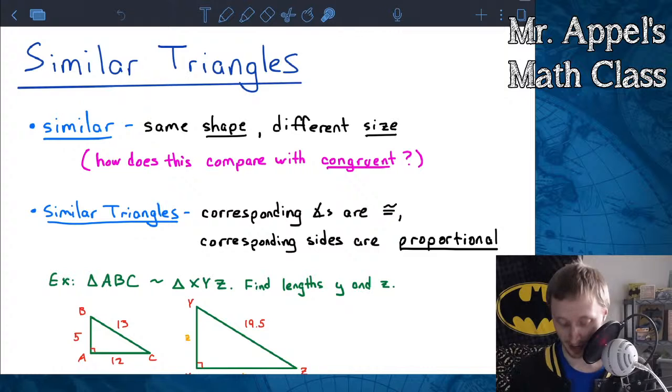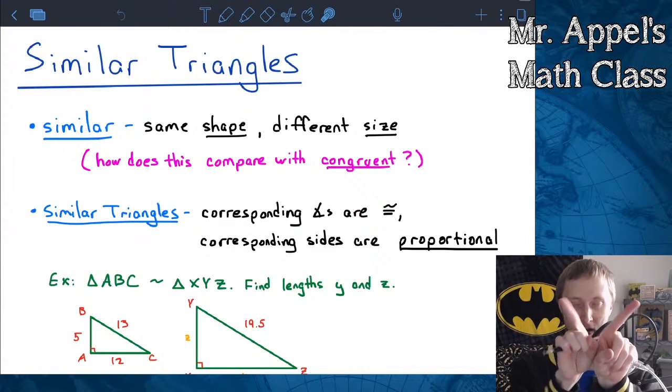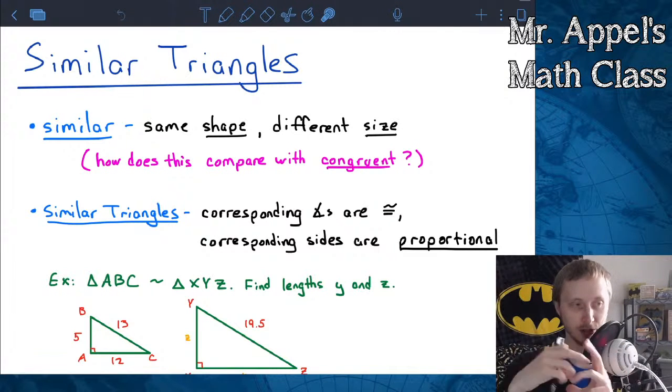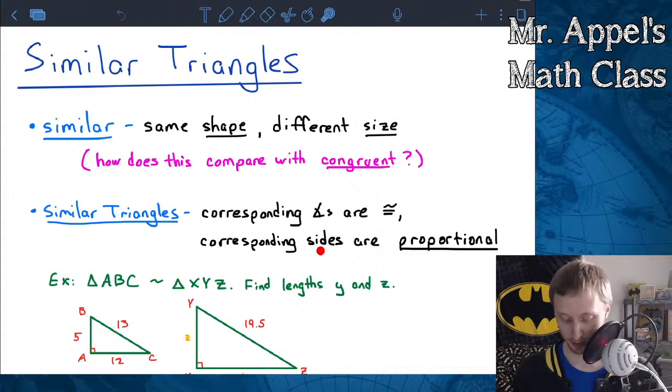Okay? So as a result, in your similar triangles, the corresponding angles are congruent. How far rotated the sides are to each other, that doesn't change. That stays set when you stretch and shrink it. But the corresponding sides are proportional.